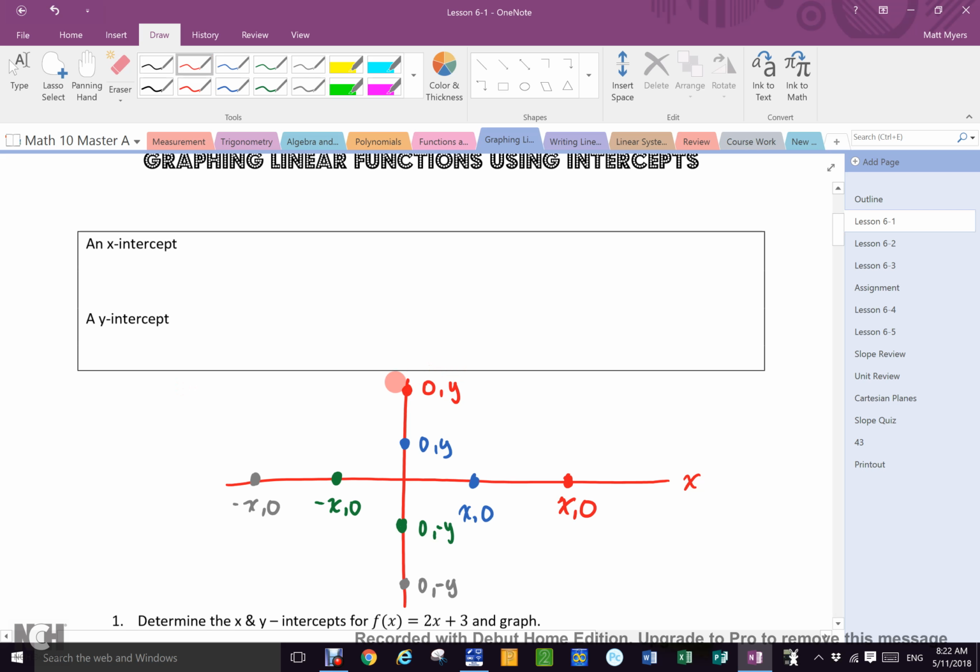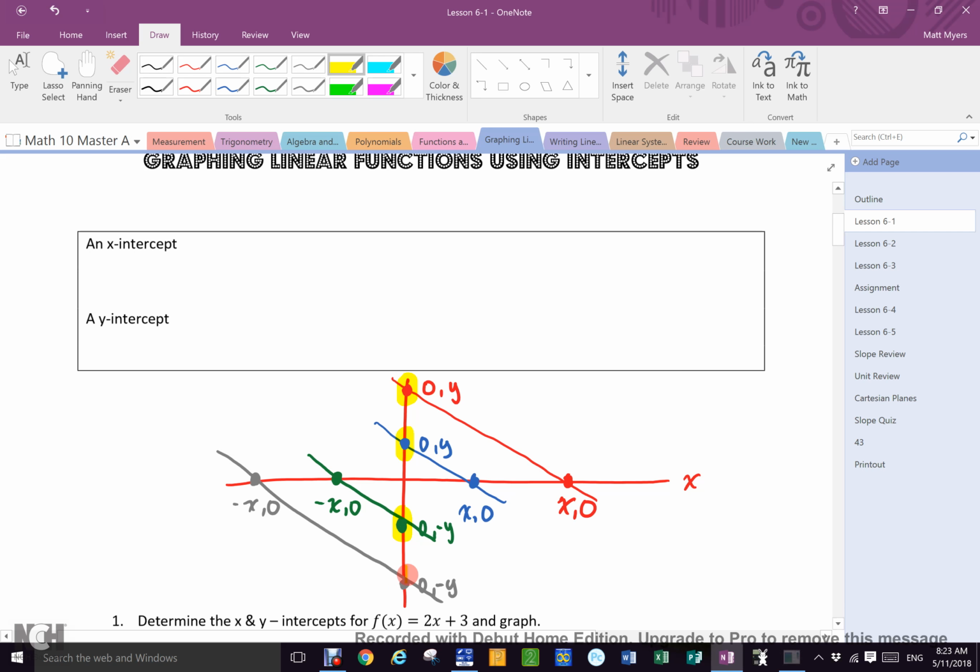What happens if I connect these lines? What have I just made in all of these spots, and all of these spots? Intercepts.